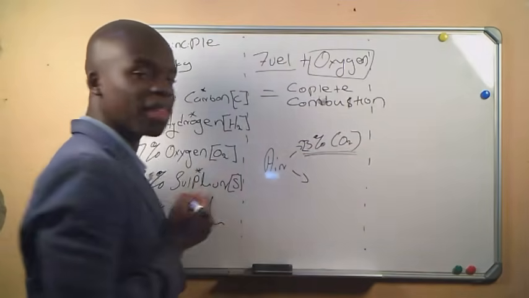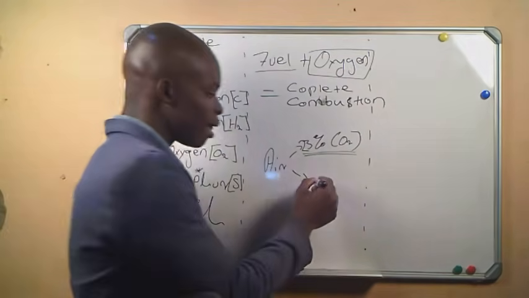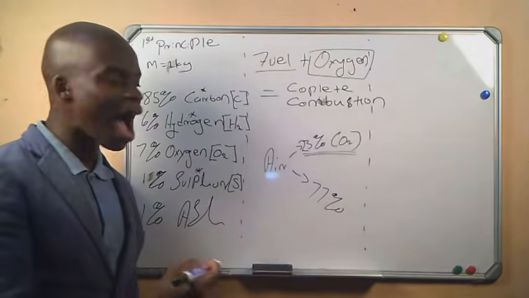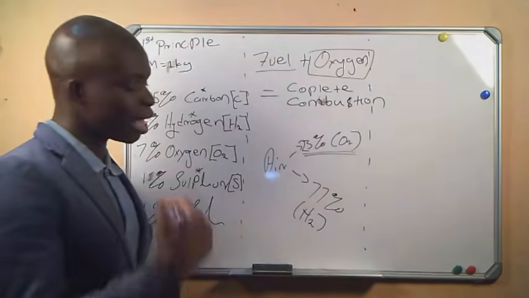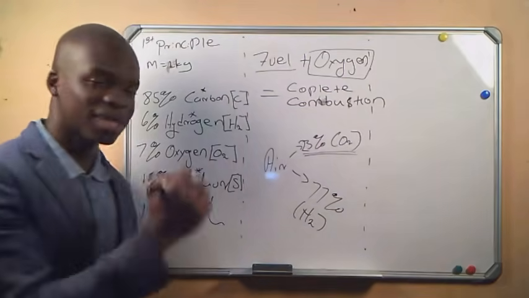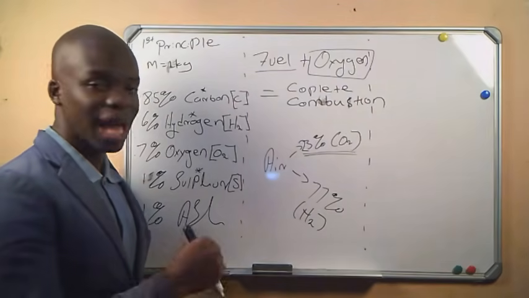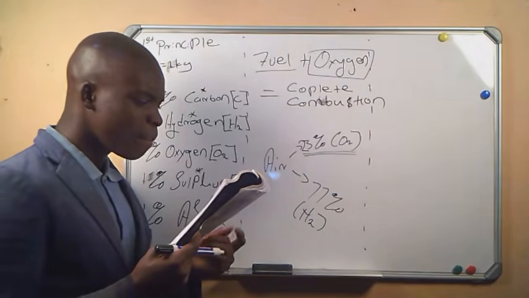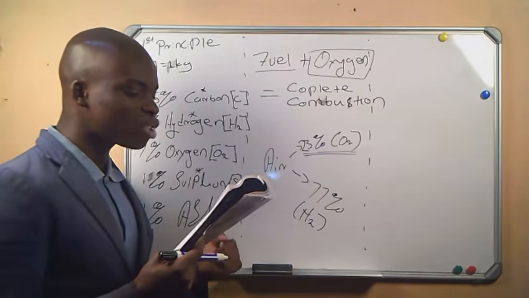The air that we are breathing consists of only 23% oxygen. What happens to the 77%? The 77% is what we call nitrogen. So from the air that we are breathing, only 23% is oxygen, and the other 77% is nitrogen.